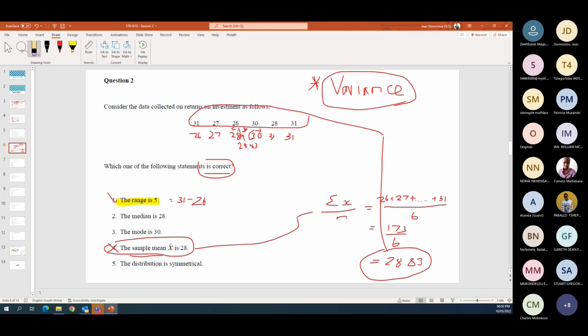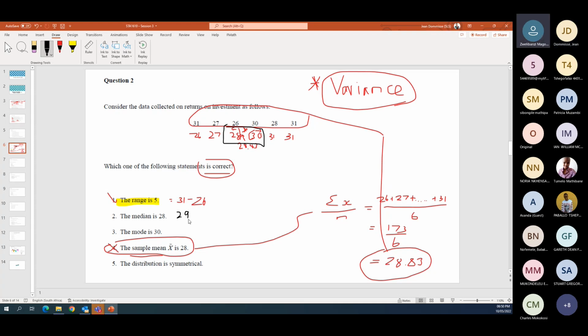Okay, so just remember, when you work out the median, you need to work on the ordered data. So the two numbers are 28 and 30. You add them together, divide by 2, which will give you 29.